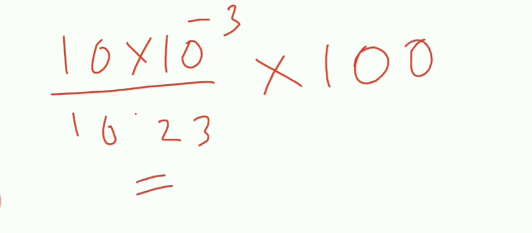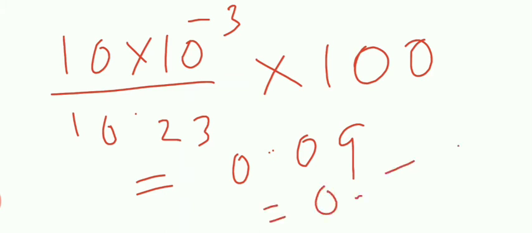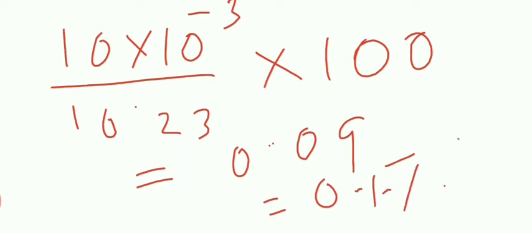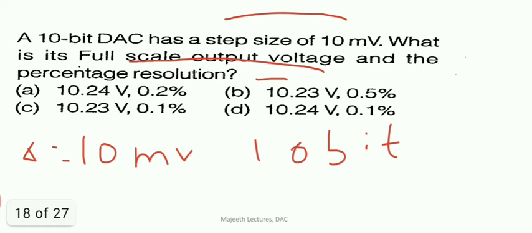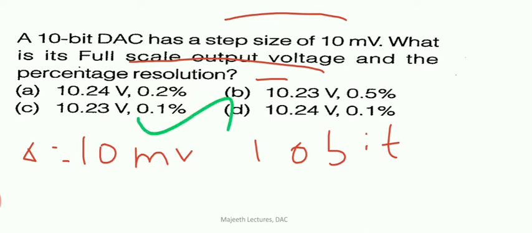It is 0.09 something, it's coming. So that is equal to 0.1%, right? So which option is correct? It is 10.23, 0.1%. So option C is the right answer.